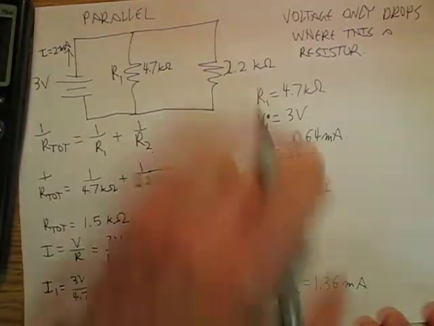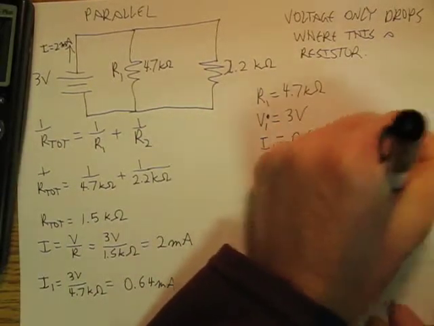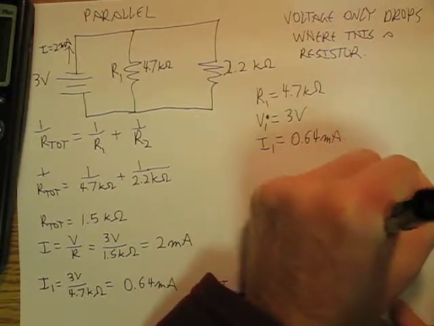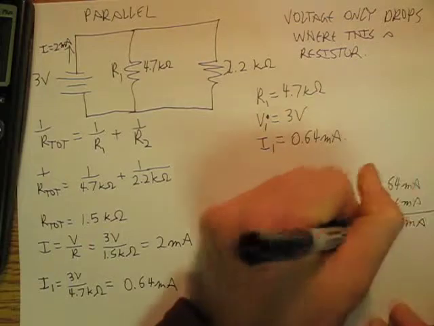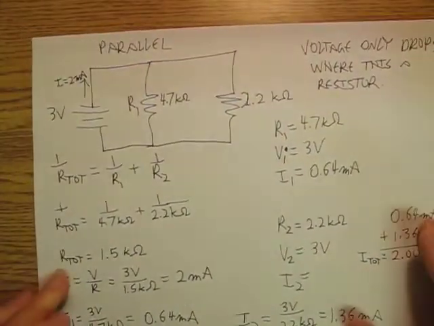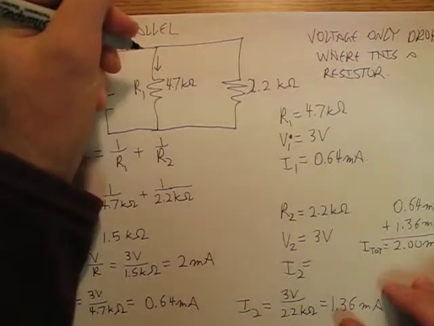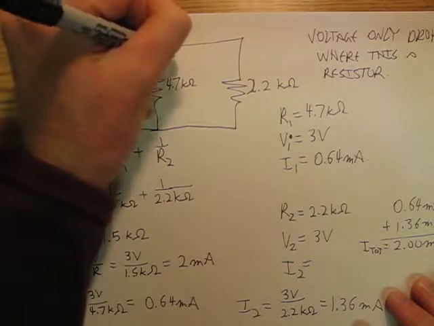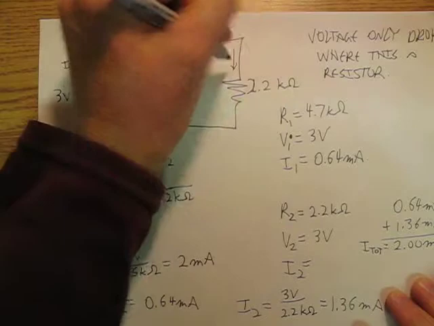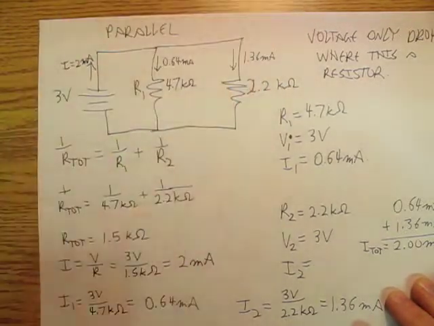And now, not surprisingly, 0.64 milliamps plus 1.36 milliamps is 2 milliamps, which is my I total, which we just found. So we're going to have a current this way of 0.64 milliamps, and we're going to have a current this way of 1.36 milliamps.